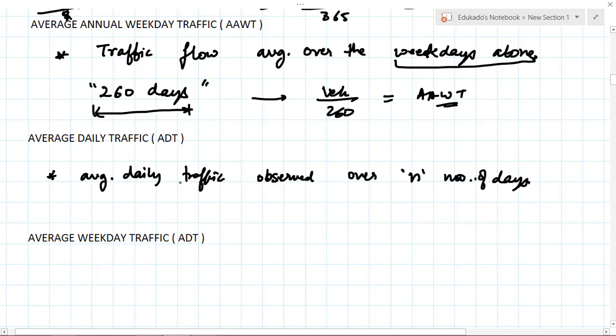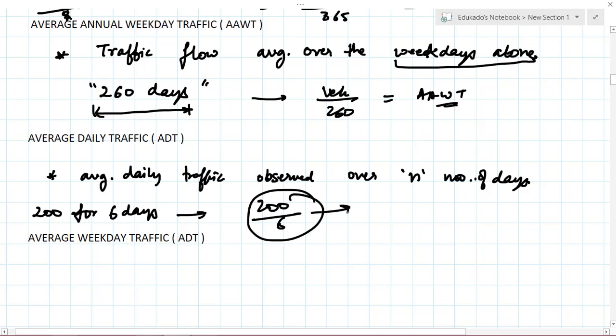Now this n is not considered as 260 or 365. For example, I have been observing vehicles passing by for a week, so I can use this average daily traffic. How do we calculate that? For example, if about 200 vehicles are passing by and I calculated this for 6 days, then the average daily traffic will be 200, the number of vehicles, divided by 6. That's all. So this is ADT. Alright.